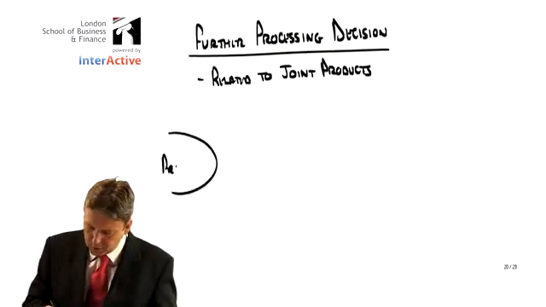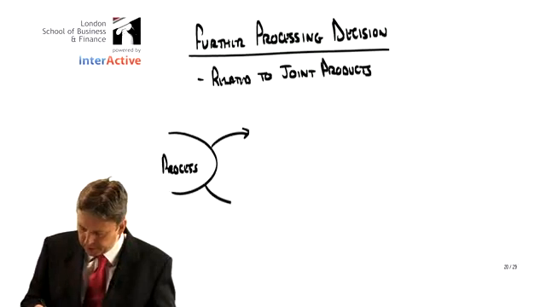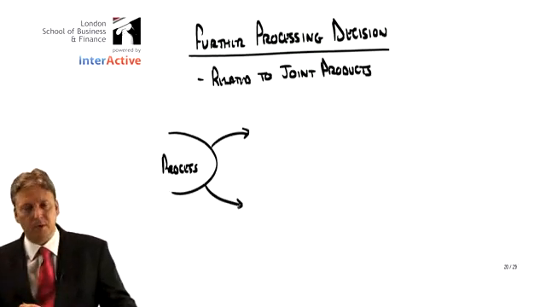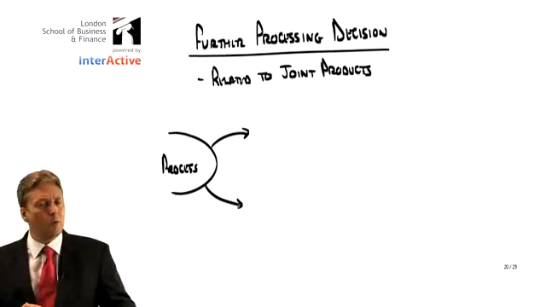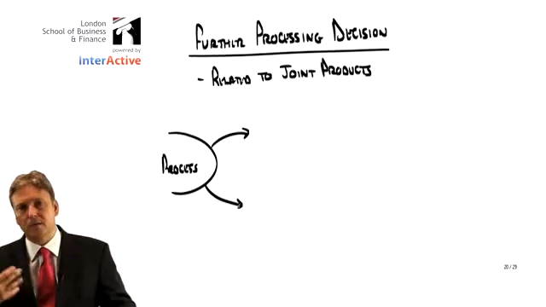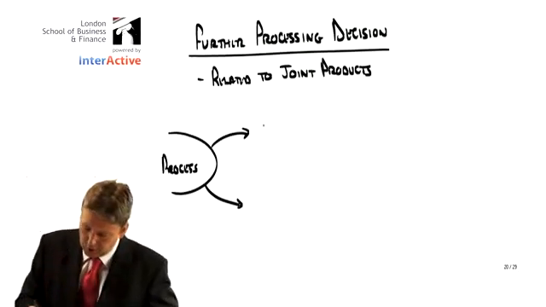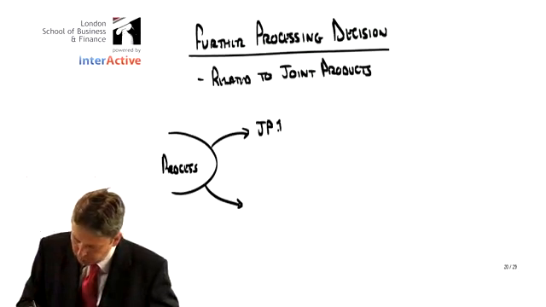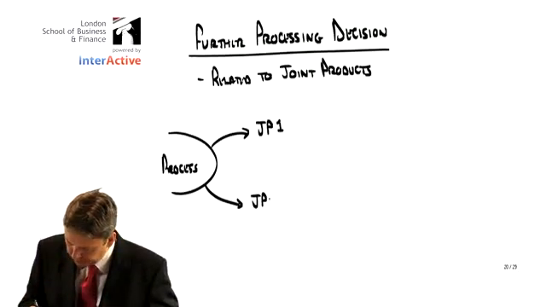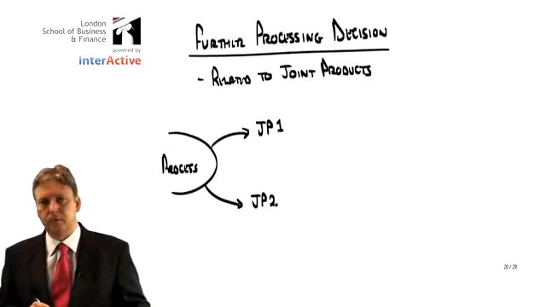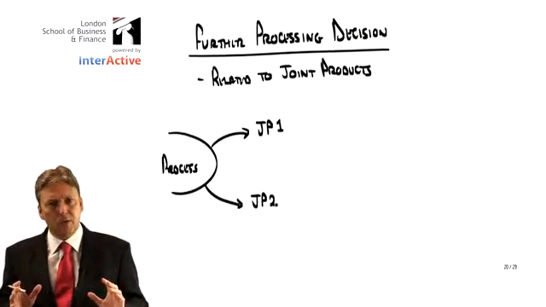And the fun is simply this. We have our joint process. You may remember this from our previous study when we talked about joint products and byproducts. And what we have are units arising from that process. Shall we call them joint product 1 and joint product 2? The issue is that we have the choice.